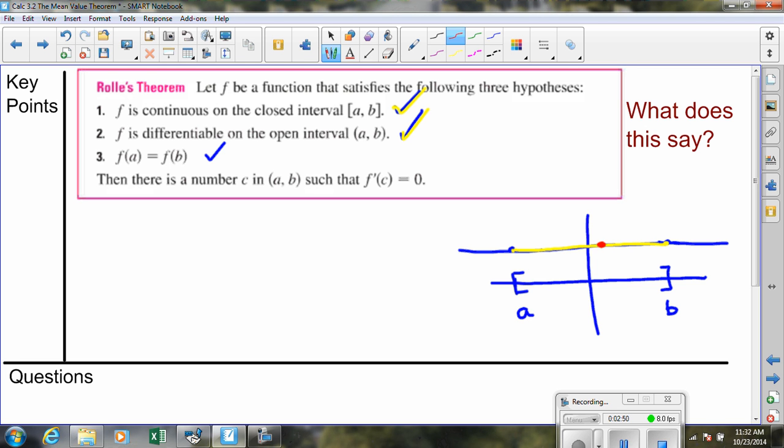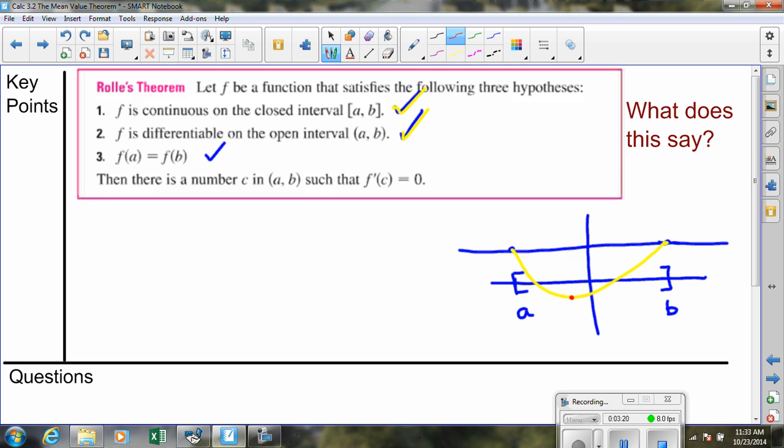Well, that one's kind of boring, right? Or potentially, I could have it go upward and make its way back down. Well, if that happens, here is a point with an x value of C where the derivative is equal to 0. Or even if it went underneath, there is somewhere where the derivative is 0. That's Rolle's theorem.